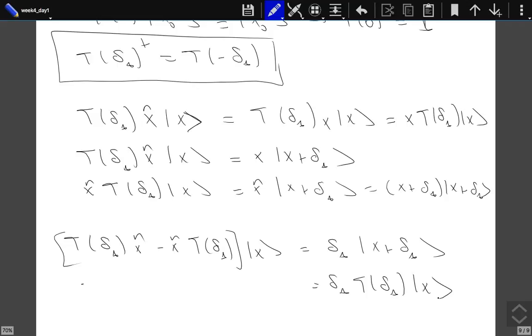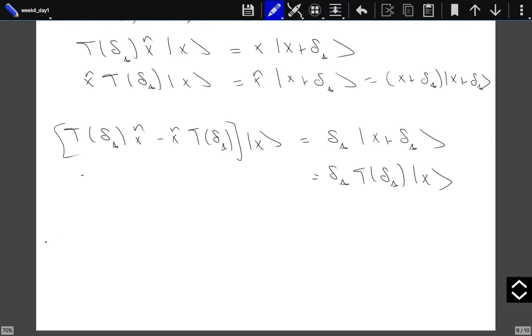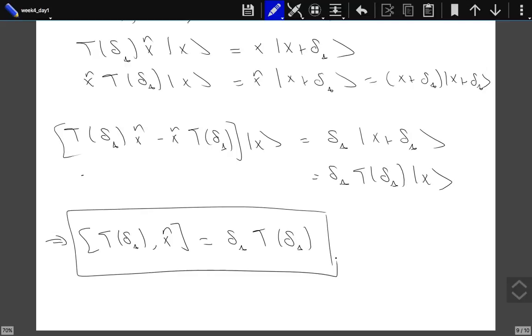So if this identity holds for any basis ket, it should hold for the operators. So the commutator of T delta 1 with the x operator should be equal to delta 1 times T. So this translation operator should also satisfy this property.